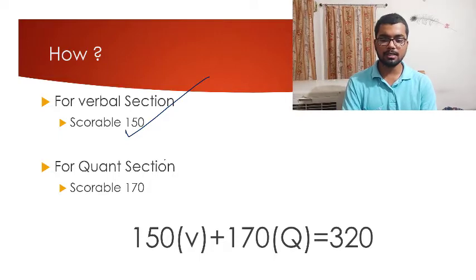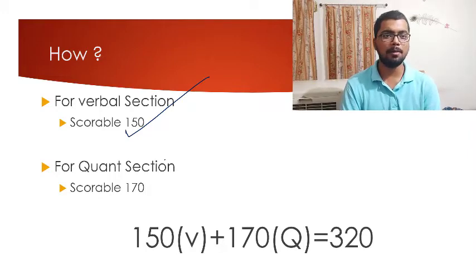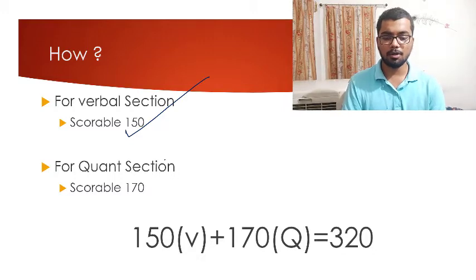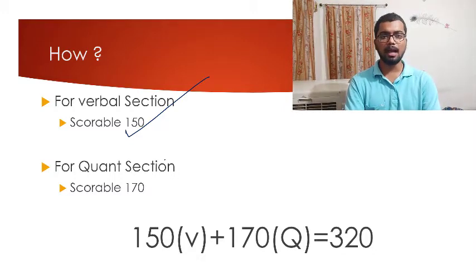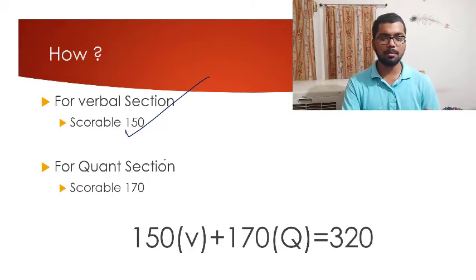And for the quant section, I think 170 or full marks is possible, because most of the concepts are moderate. Basically 70% of the questions are moderate to easy, and the remaining 30% will be hard, and you have to work hard for that.